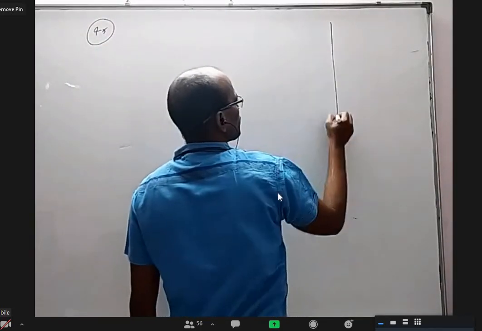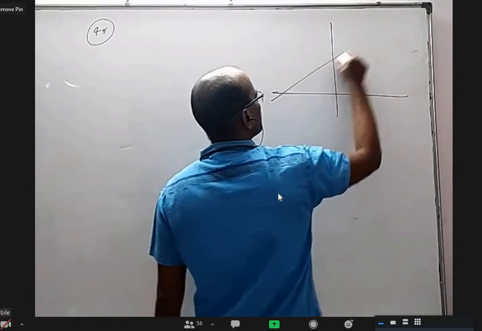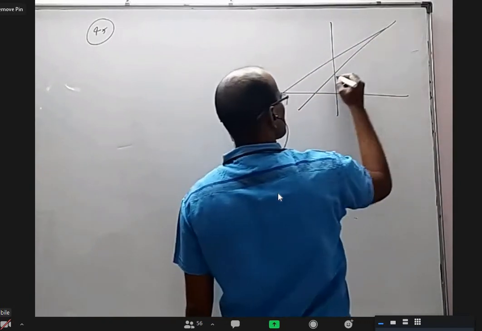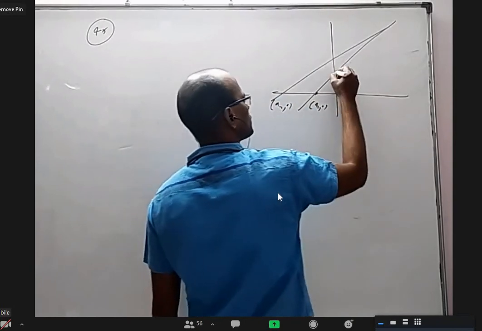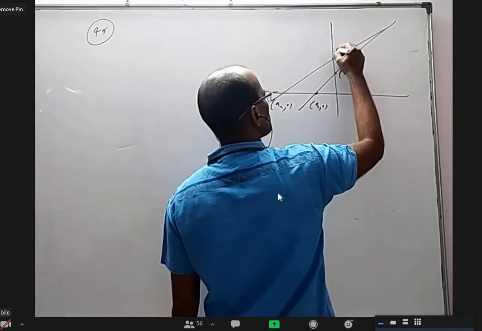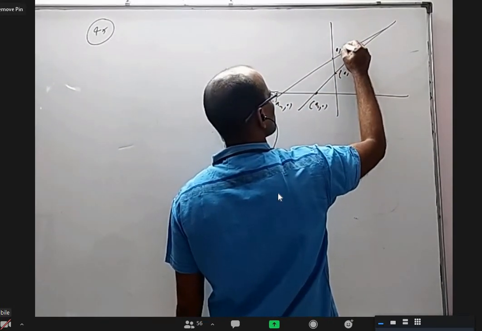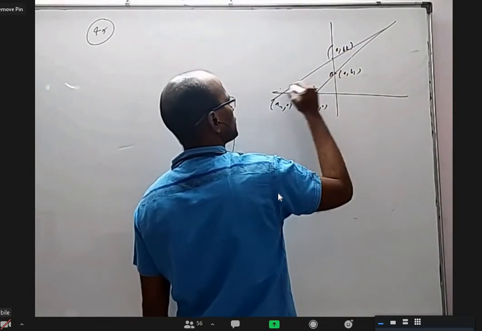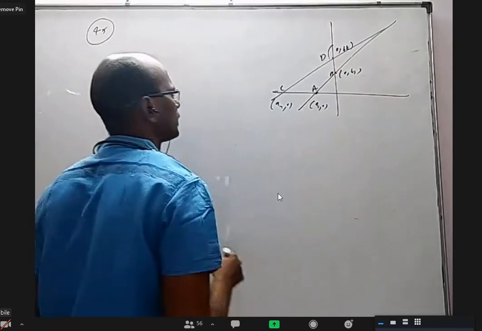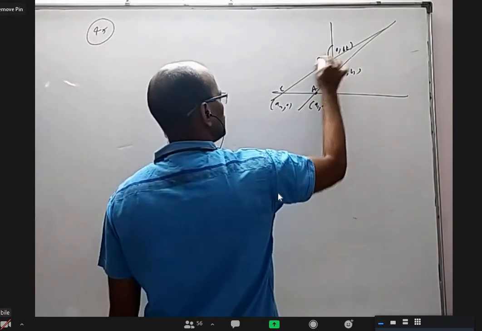So one thing that I want to prove: if two lines, this is a1 comma 0, this is a2 comma 0, this is 0 comma b1, this is 0 comma b2. This is A, this is B, this is C, this is D, whatever it is.